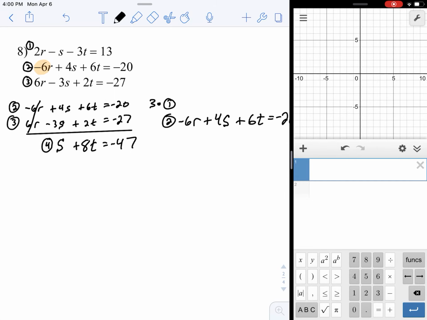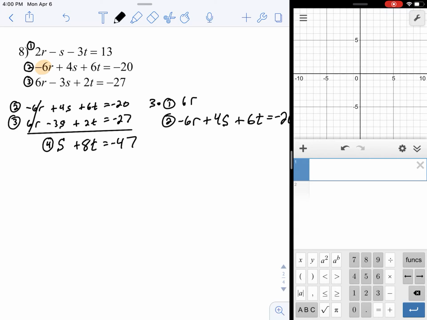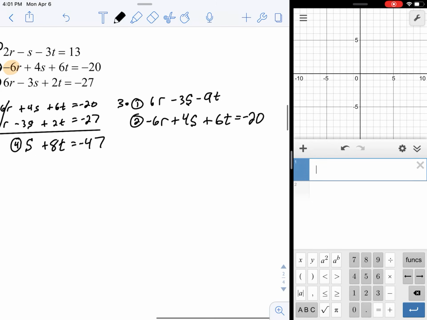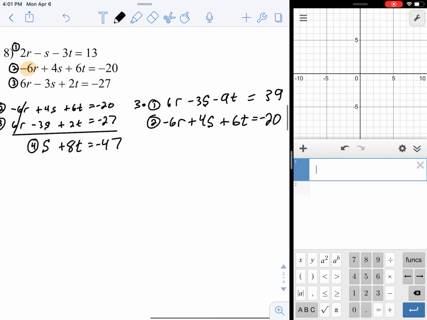I'm telling myself here that I need to multiply this whole thing by 3. I get 6r minus 3s minus 9t. And what's 3 times 13? 39, right? Equals 39. Let me double check my work. If I multiply this by 3, by 3, by 3, by 3: 6, negative 3, negative 9, 39. Okay.